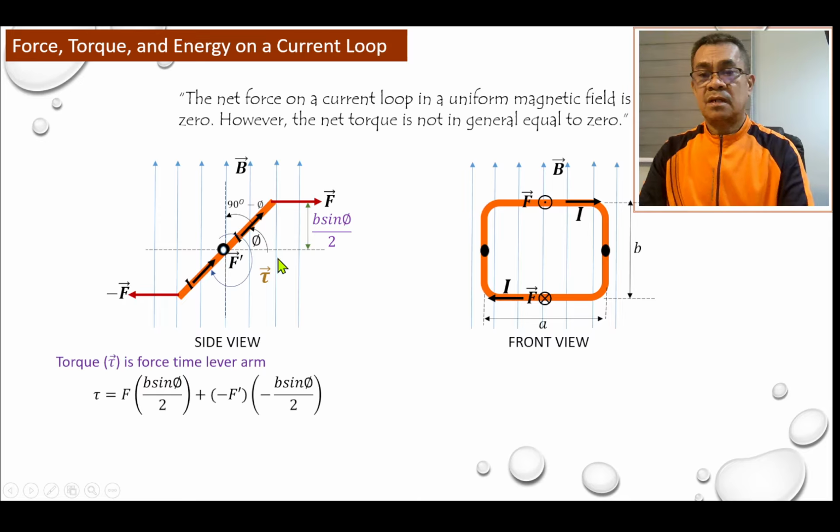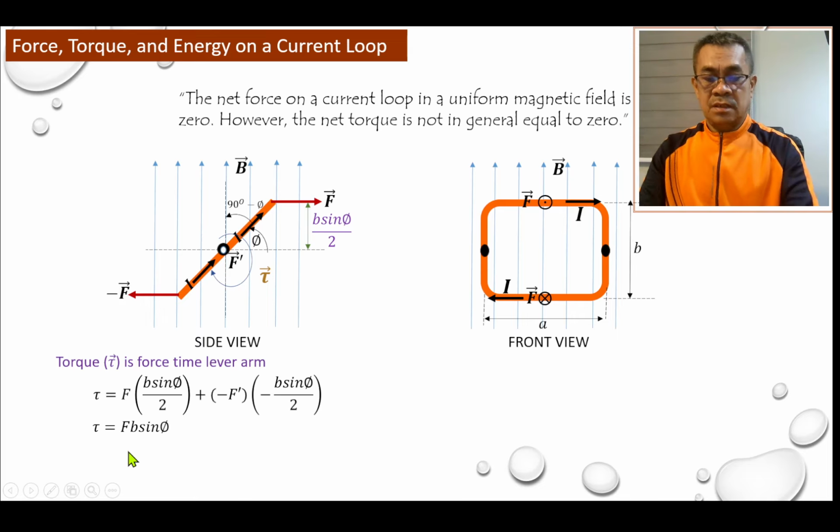The first force times its torque arm, the second force times its torque arm, because all forces will provide torque at that point. But these two forces, A prime, don't have torque because their direction is at the pivot point. So there's no torque arm. If you simplify this, it will reduce to FB sine P.